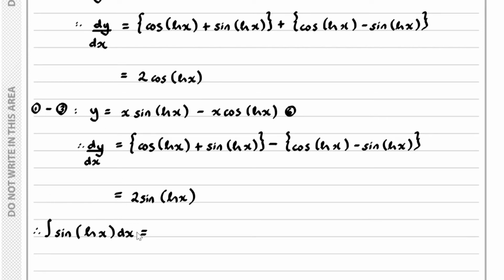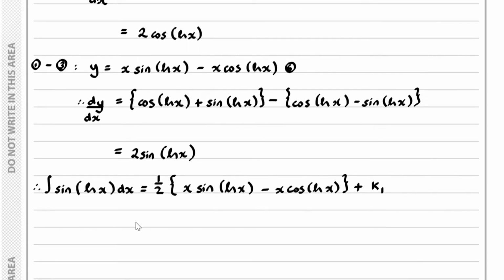So the way to think about this is, well, I know that if I integrate 2 times the sine of the natural log of x, I end up with this result here. I end up with equation 6. So integrating sine of the natural log of x, that's going to be half this result. So that's going to equal 1/2 times x times the sine of the natural log of x minus x times the cos of the natural log of x plus some constant, we'll call it k1.